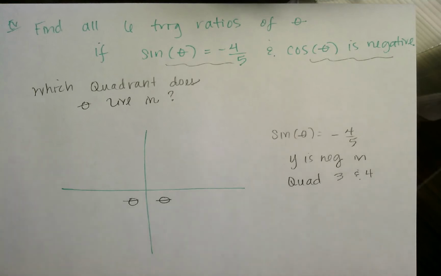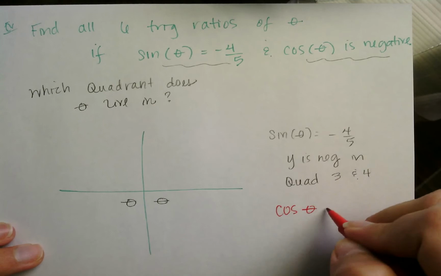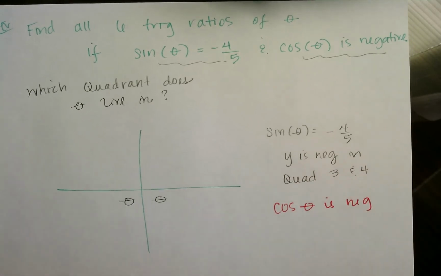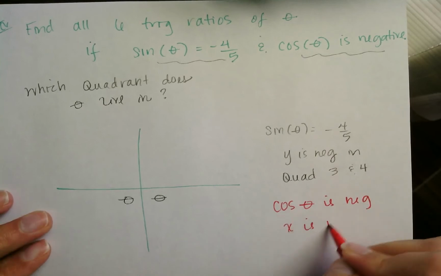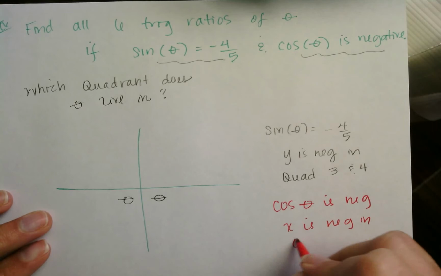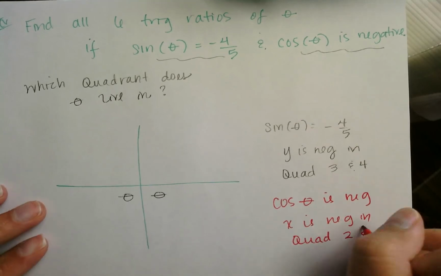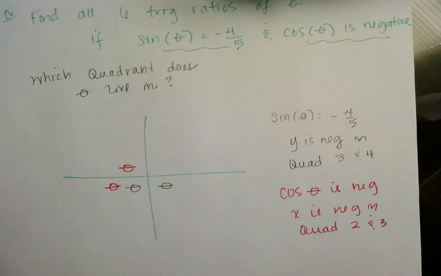Alright, I'm going to do a different color for my other piece of information. Cosine of theta is negative. Okay, so cosine is what? The x value. So x is negative in quadrants, which one, guys? Yes, 2 and 3. This is where your x value is negative.